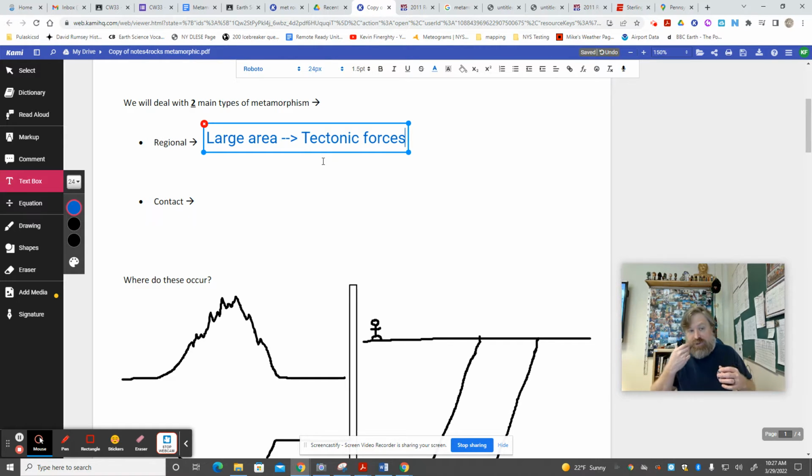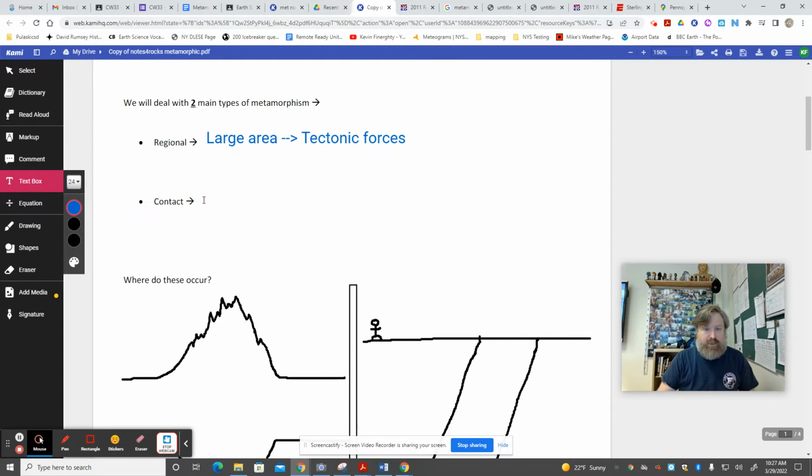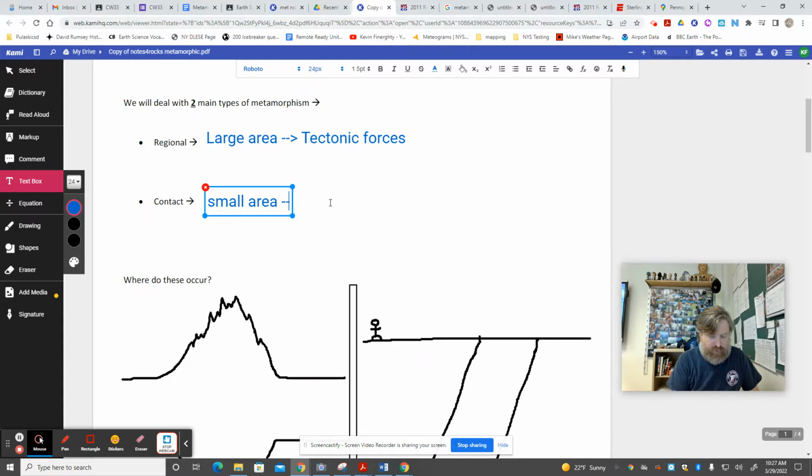It's going to be fourth marking period, but there's the idea out there, I think loosely from middle school, that continents are sitting on plates that are moving around, and occasionally they ram into each other, and it's significant, the amount of force. We'll talk about it in just a sec. That's why it's called regional. It's over large areas. Contact is over a small area, and it's from nearby magma or lava, which is melted rock, which will form igneous, but if it's warm enough to alter the rock that it touches, you get some physical contact metamorphism.